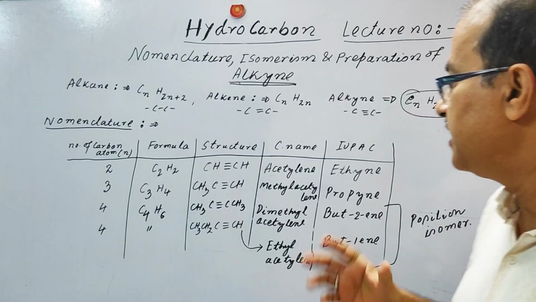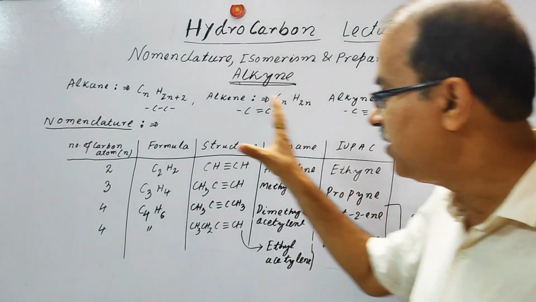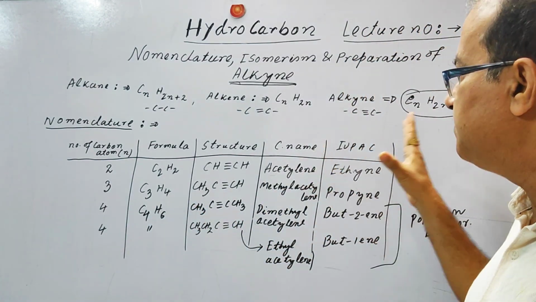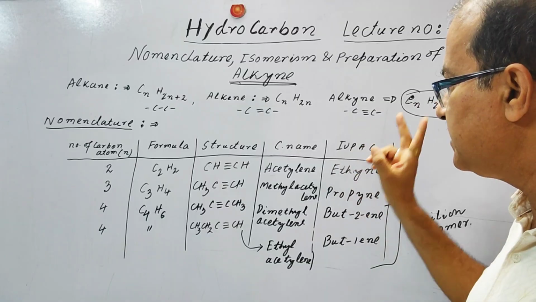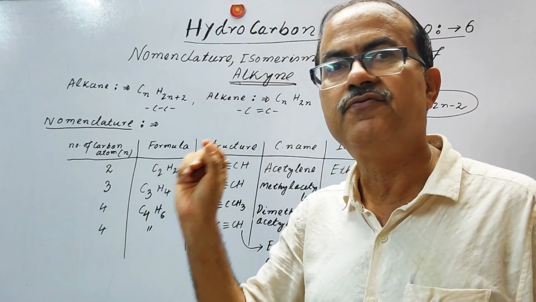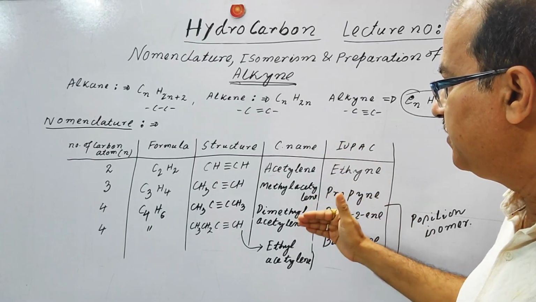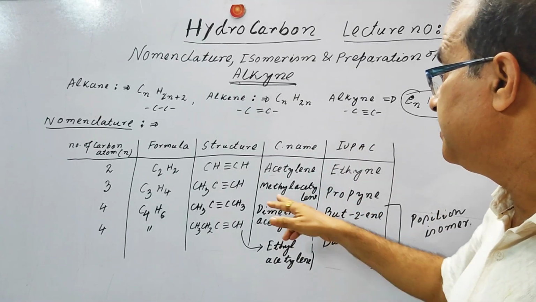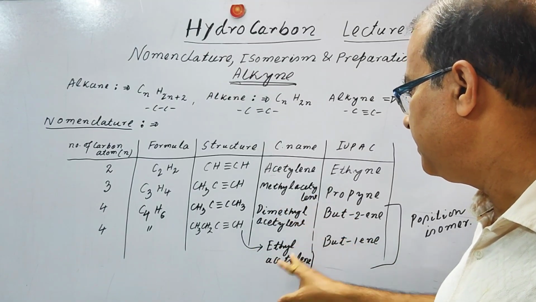Most probably you will be able to understand what I have tried to say: this nomenclature is governed, the common name is governed by acetylene, the parent, the first member of this family, and it will be a derivative of acetylene, that is methyl acetylene, dimethyl acetylene, in this way.